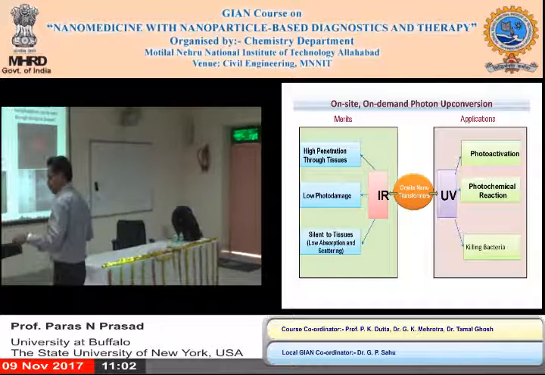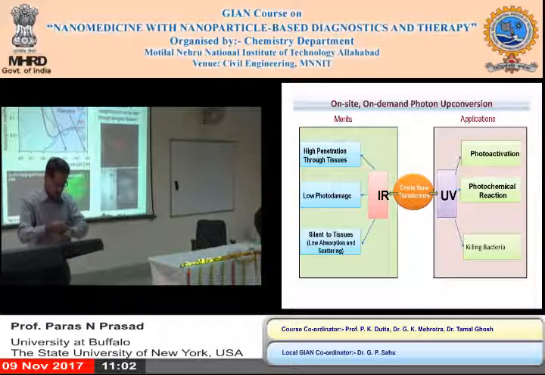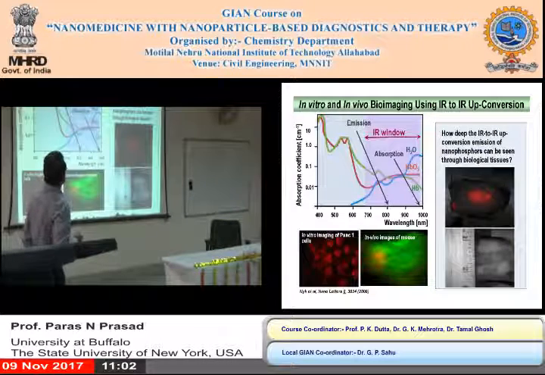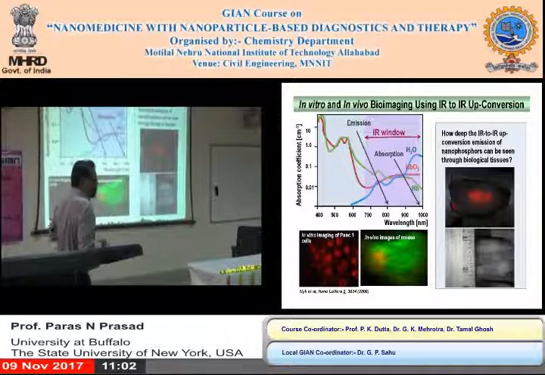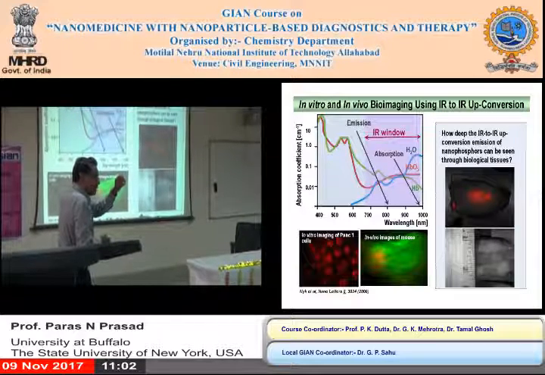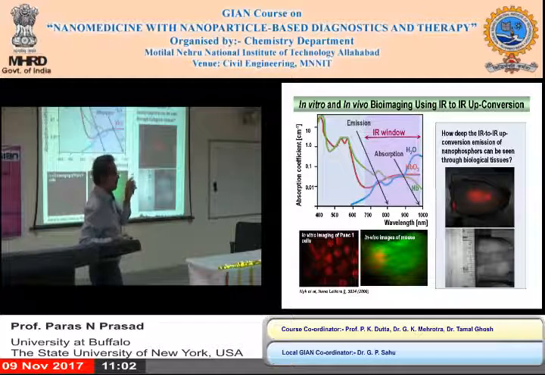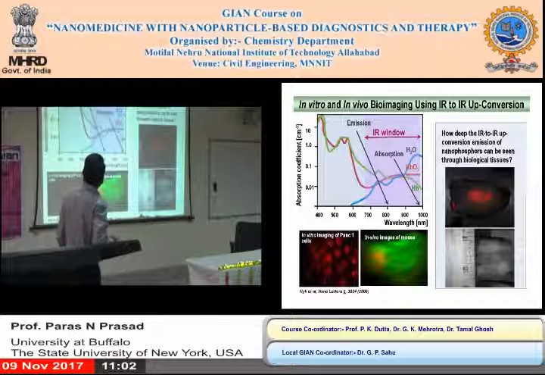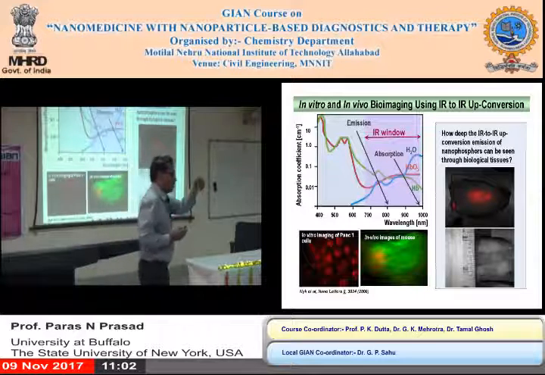So here is an example of upconversion where we excite those upconversion nanoparticles. In this case it is thulium doped in a fluoride lattice, and if you excite at 980 nanometer, this light can go deep inside the tissue.